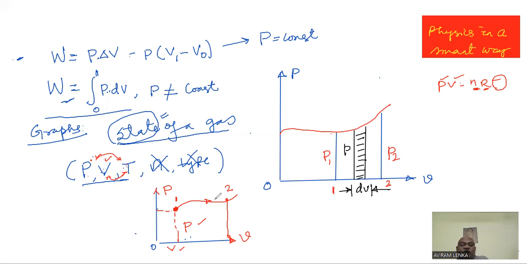But 1 to 2 is a process. When the state of a gas changes, then a process is made, and within that process, we can think of the work.